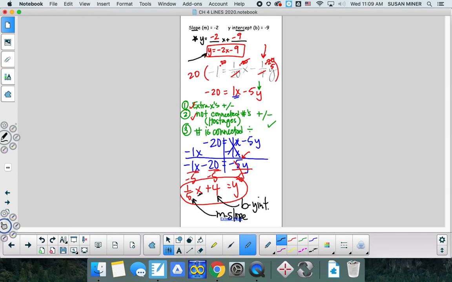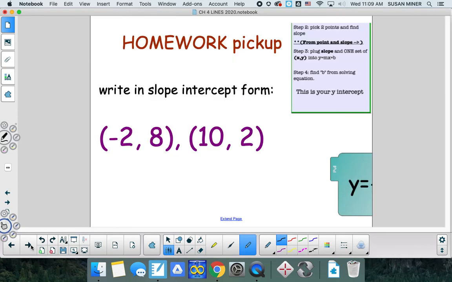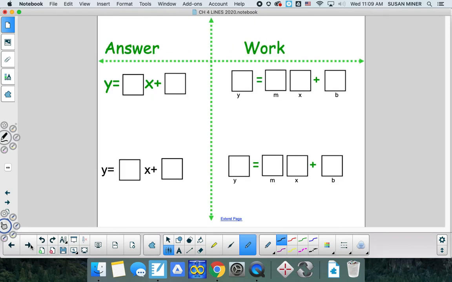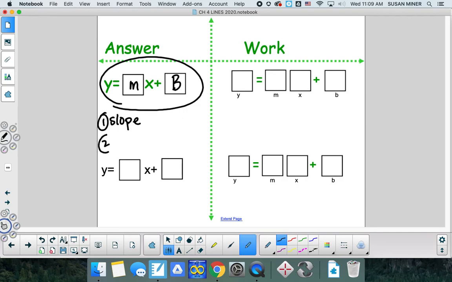Okay, so today our goal is just to be able to get this equation, y equals mx plus b. That's our whole goal, to be able to write that equation. And don't forget that no matter what, I just need to find the slope. That's the first thing I want to do. And then the second thing I want to do is find the y-intercept.